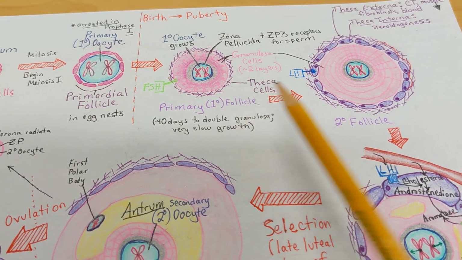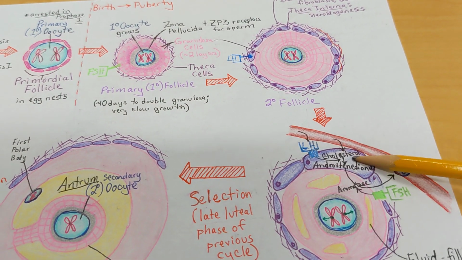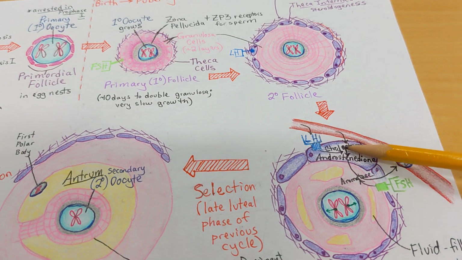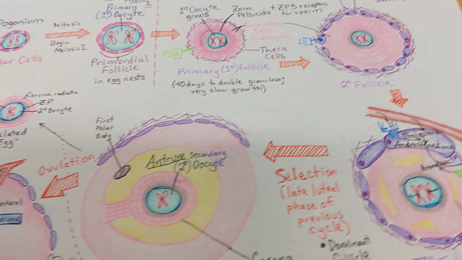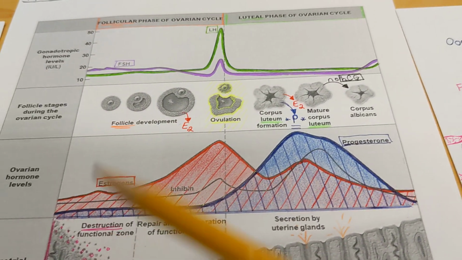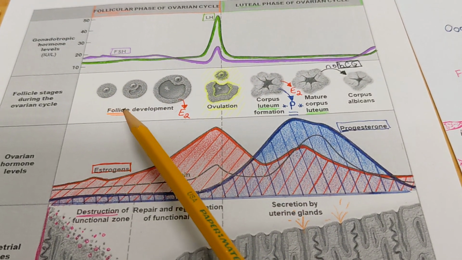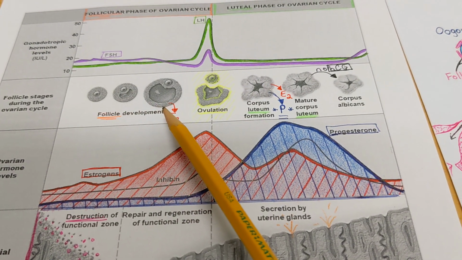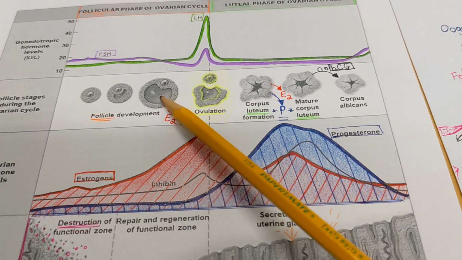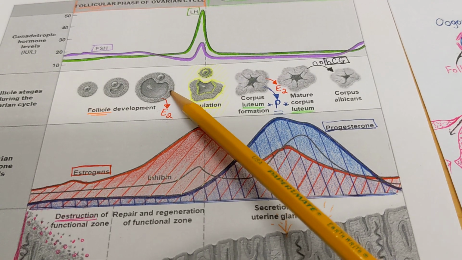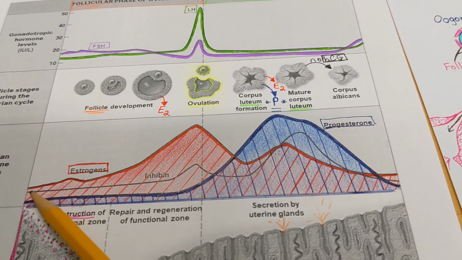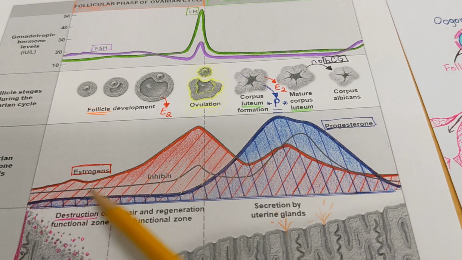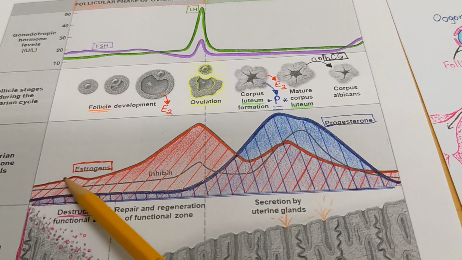Again, together, theca cells and granulosa cells synthesize estradiol and dump it into the blood. So once again, the follicles are developing over the first half of the cycle, and they are secreting estrogen. More and more granulosa cells secrete more and more estrogen. And so the overall levels of estrogen in the blood in the first half of the cycle are increasing.